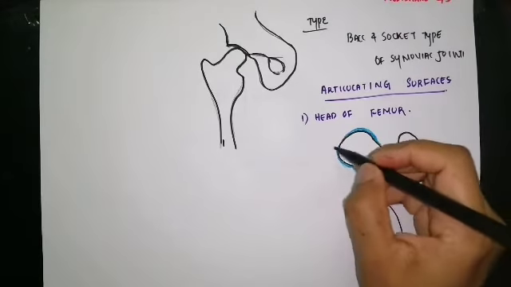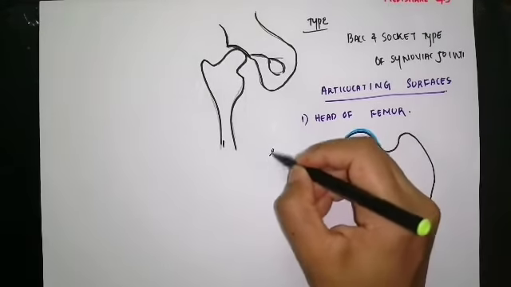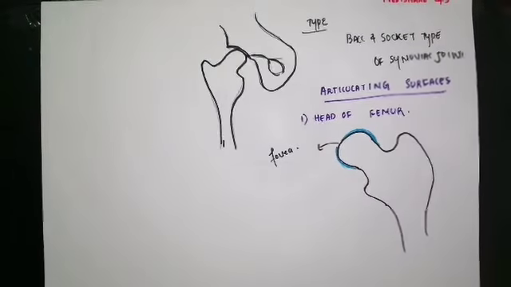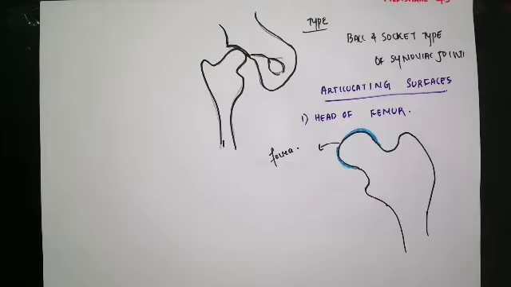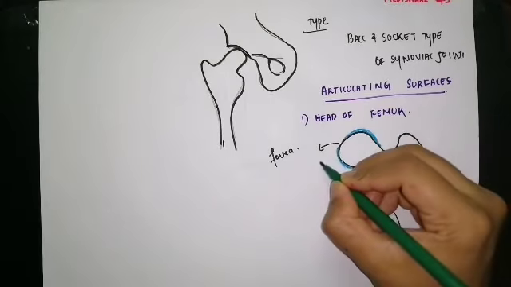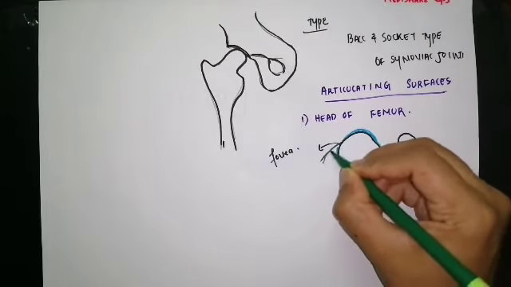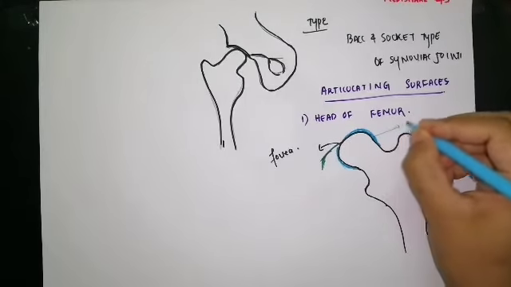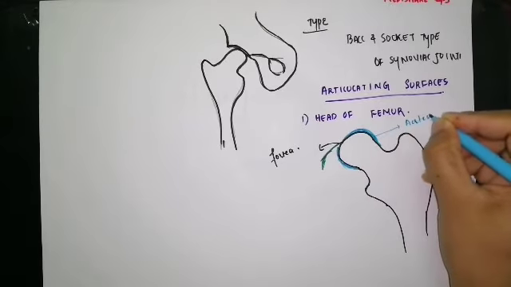Now at the center you have a central bit which is called the fovea. Inserted into the fovea you have the ligament of the head of the femur. What you see here is the articular cartilage.